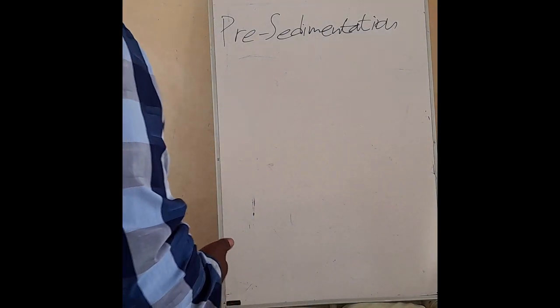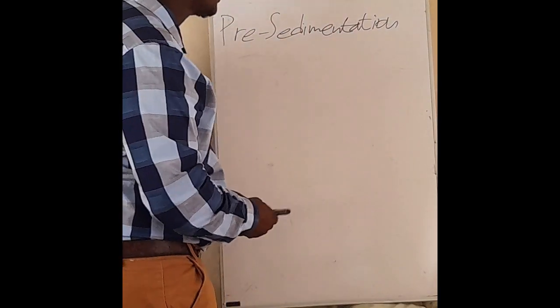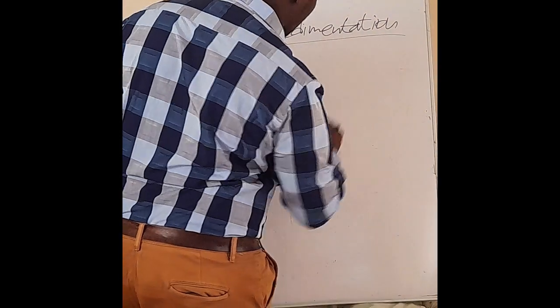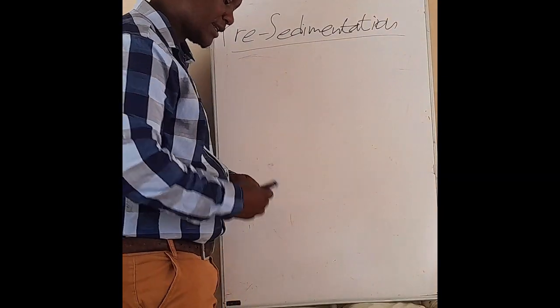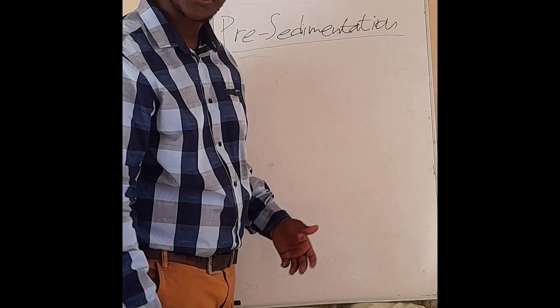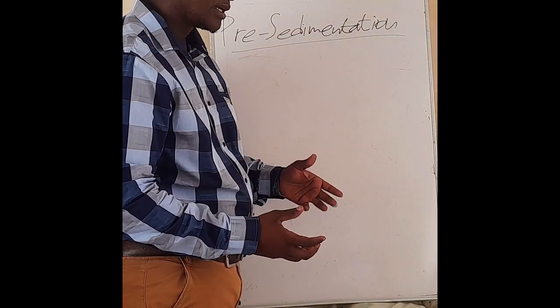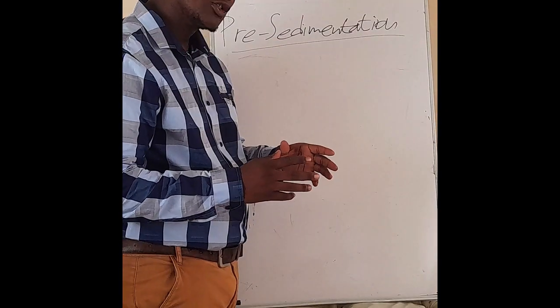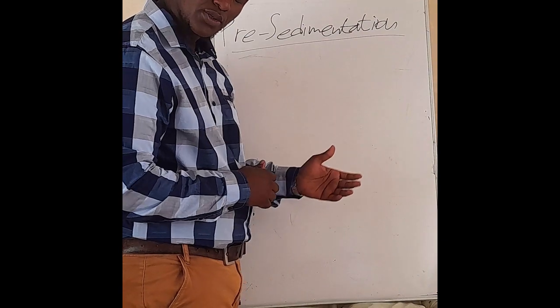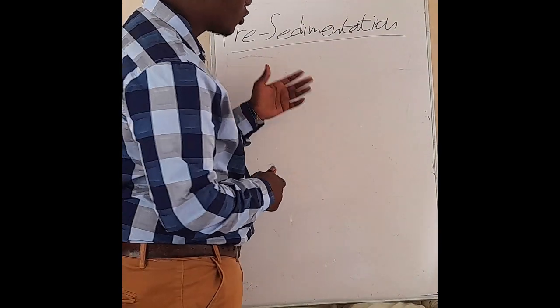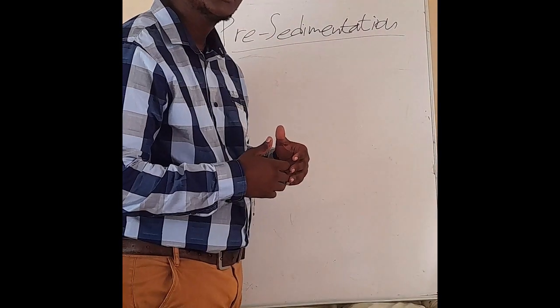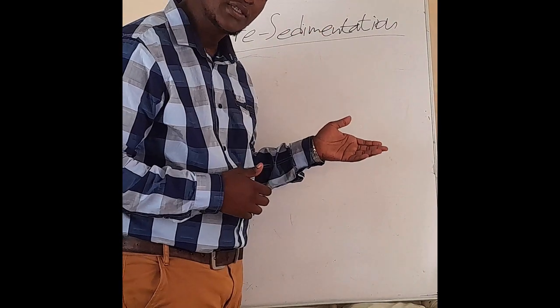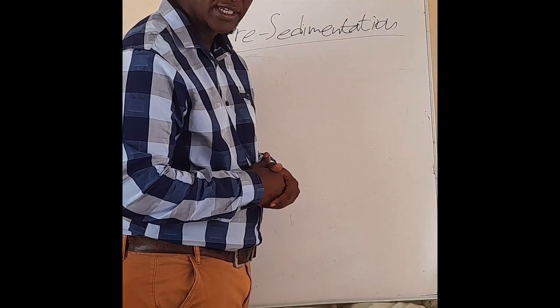So now lastly, under our preliminary treatment, we have pre-sedimentation, okay, whereby I said it happens under your grit channels. So what really happens under a grit channel, basically the solid particles that pass through the screens go through our pre-sedimentation.